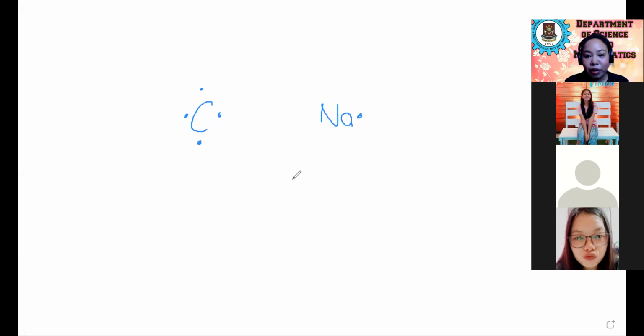Kani si sodium, naa siya'y isa ka buok electron. Kung atong drawingon iyang Bohr's atomic model, pila gani kabuok ang electron ni sodium? 11. 11, ma'am. Ang iyahang atomic number. Yes, ma'am. 11. So, naa kay sodium, first orbit, naay duha.